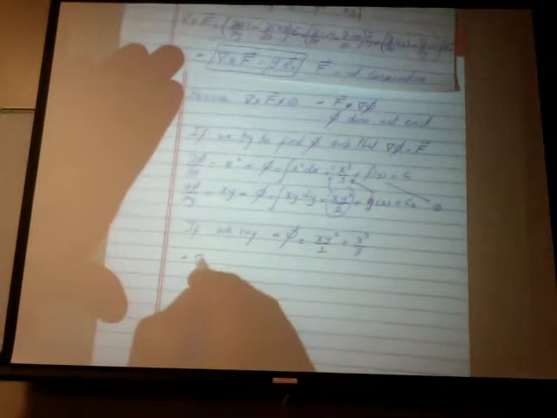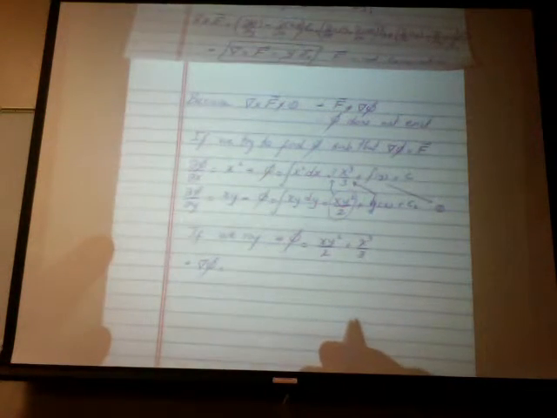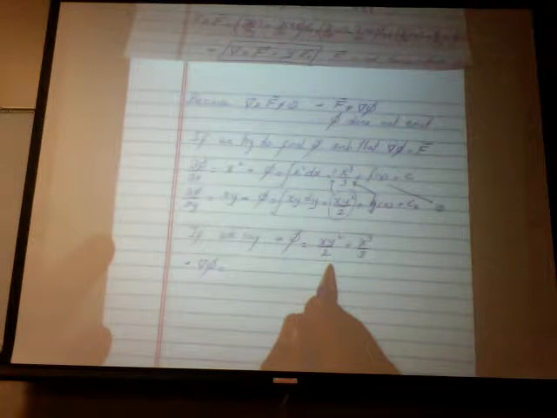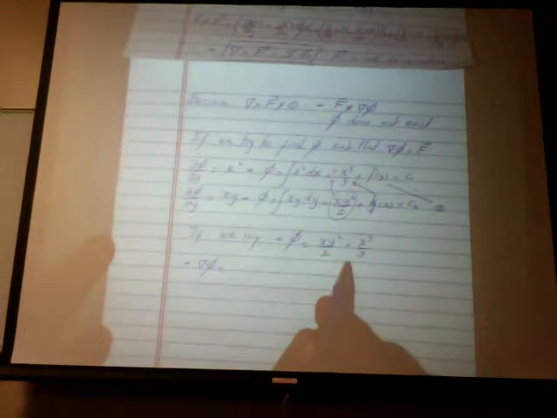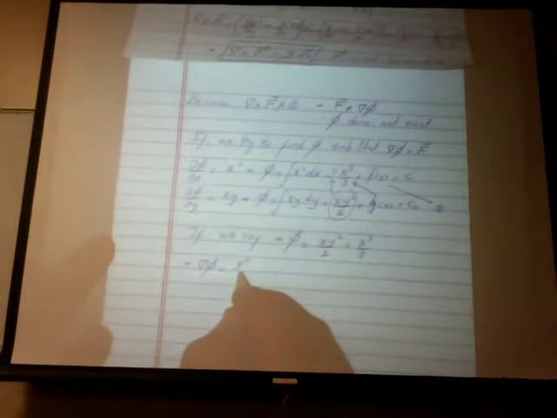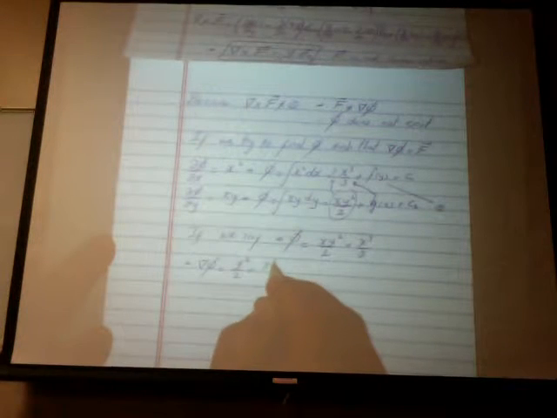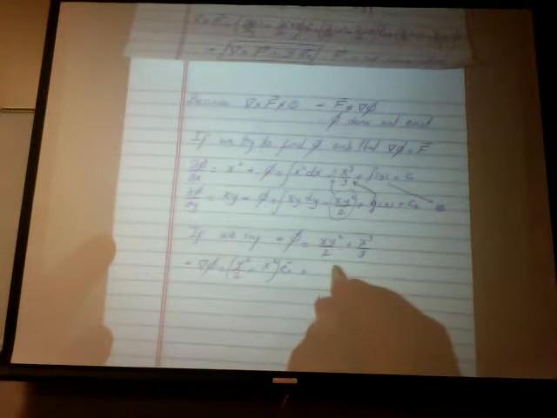So if we even attempt to do this, and we take the gradient of phi, what is the gradient of this function right here? The derivative of these with respect to x is? That would be y squared over 2 plus x squared, right? In the x direction. And in the y direction, we have xy.